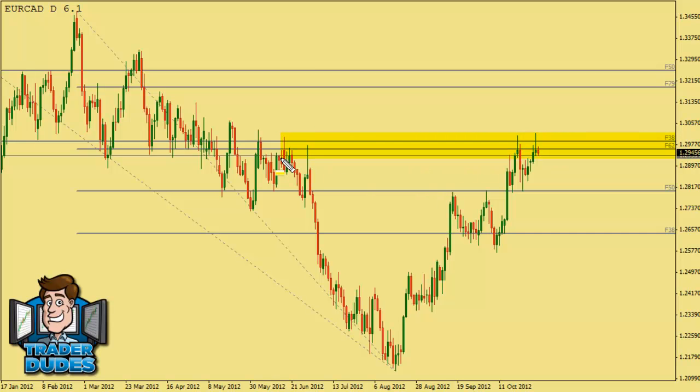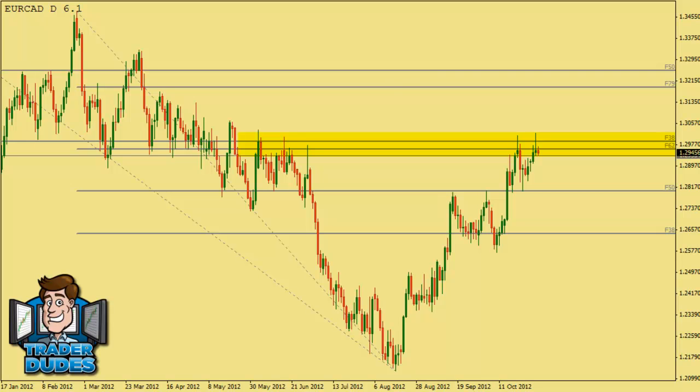So we have a number of things here. We have some divergence. We have a 62 fib, but it's been washed through a little bit, but nevertheless the level is still here. We have a larger time frame 38 fib level.